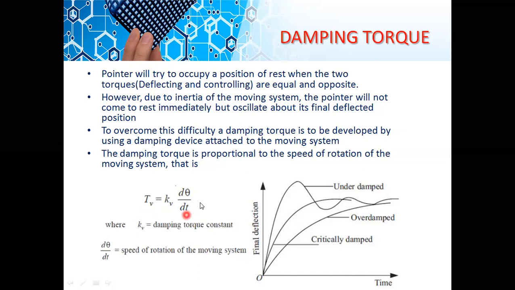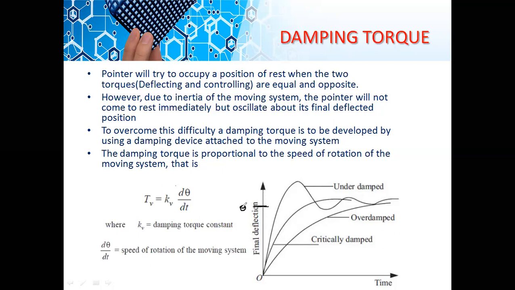So we can have different types of damping in a system. You can see that this is the final deflection, which is theta, and this is the time taken to arrive at the final deflection. Say this is the point where the pointer should stop.